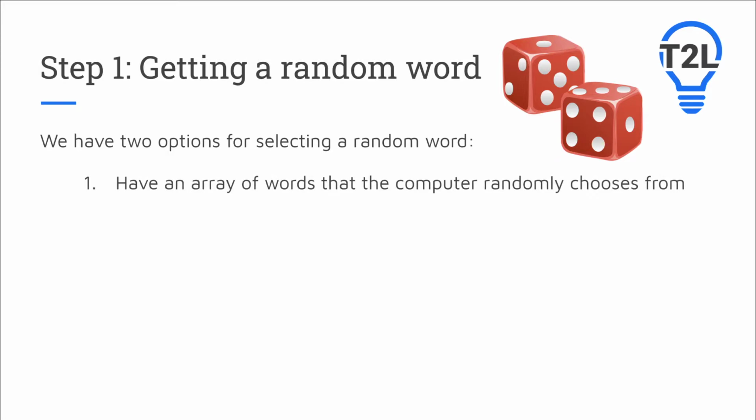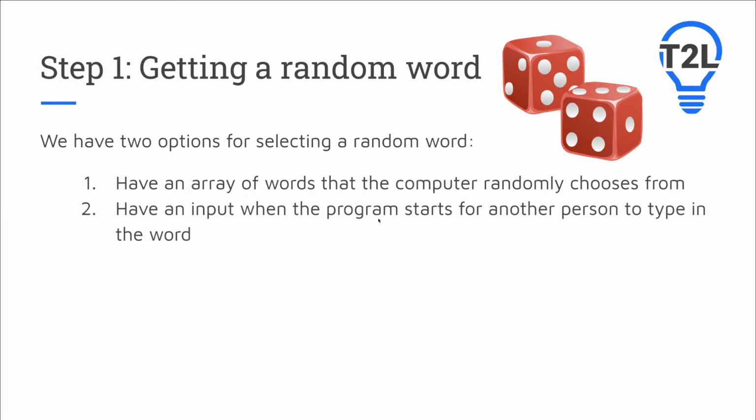Yeah, exactly. So we have an array of words to choose from. That's great. And there's also another one, a little less random, that requires players or another person to do it. Does anyone think of that one? Exactly. Yeah, we can have just another user go in and type in a word for us.